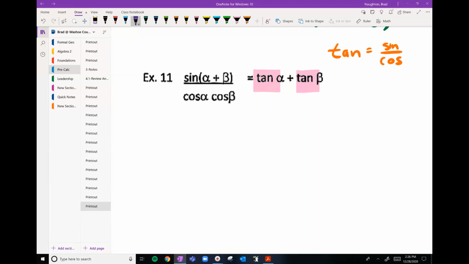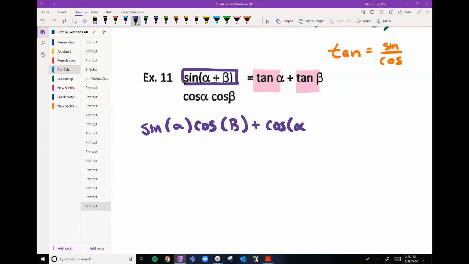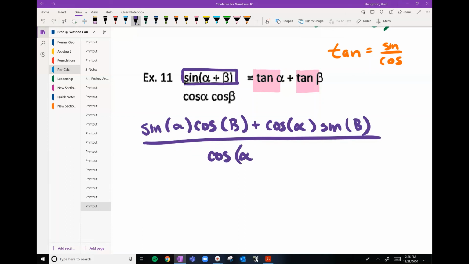Now, let's do our rule here on the top. So sine alpha again, cosine beta plus cosine alpha, and then sine beta. And then all that over cosine alpha, cosine beta.